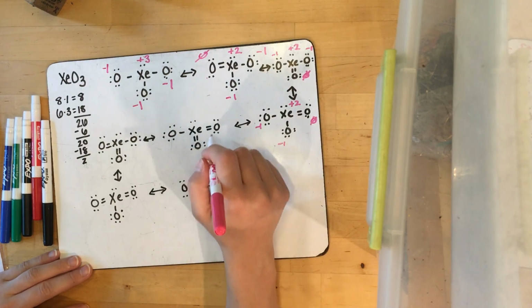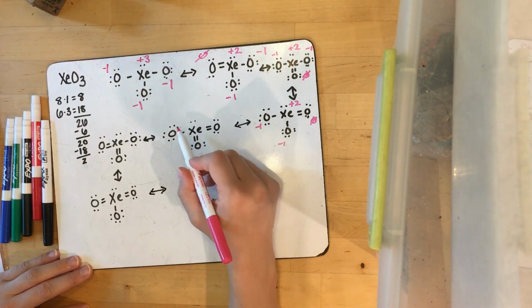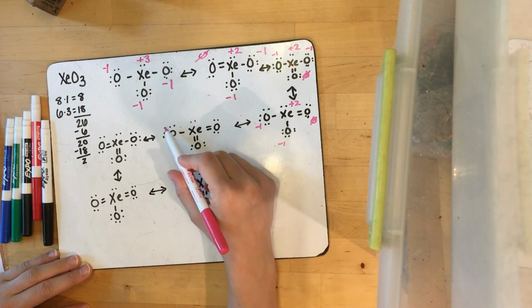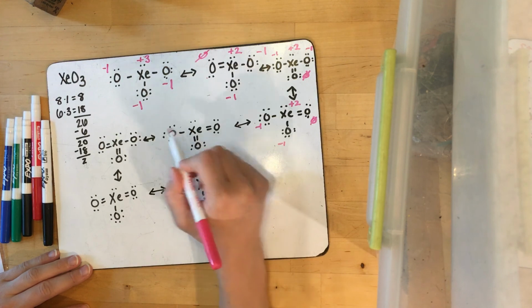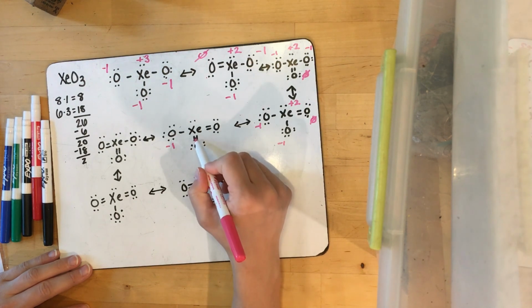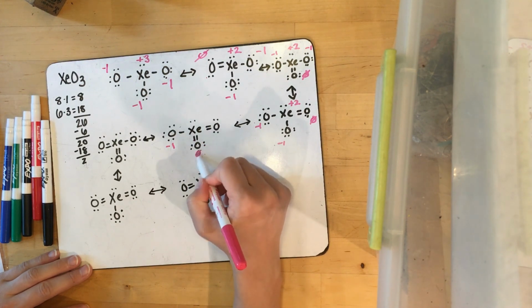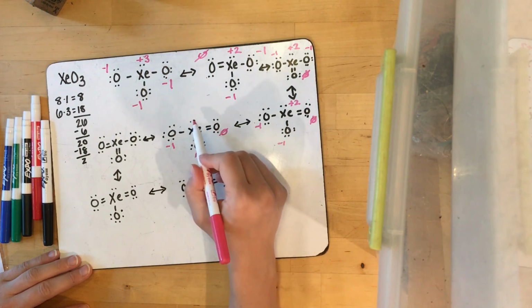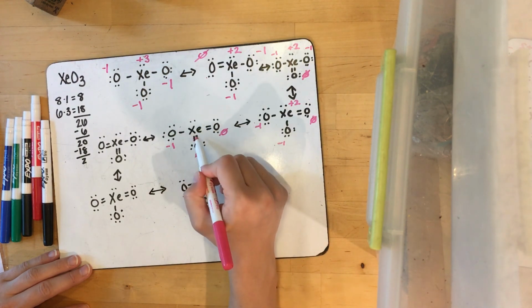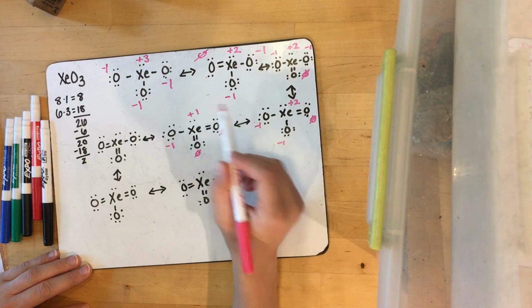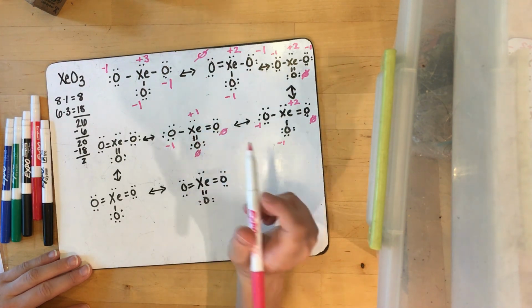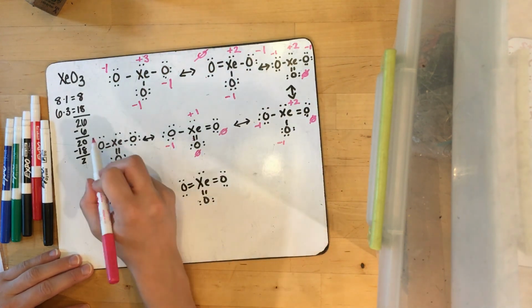So then here we've got a new situation, so 6, 5, 4, 3, 2, 1, 0, -1. 6, 5, 4, 3, 2, 1, 0. This one will be the same. 8, 7, 6, 5, 4, 3, 2, 1. So we're getting closer. We're getting less and less charges.